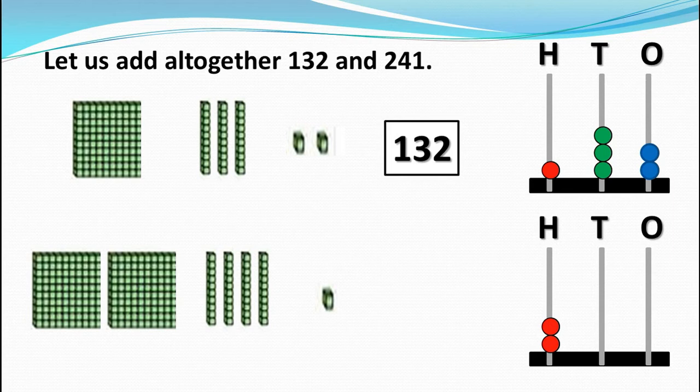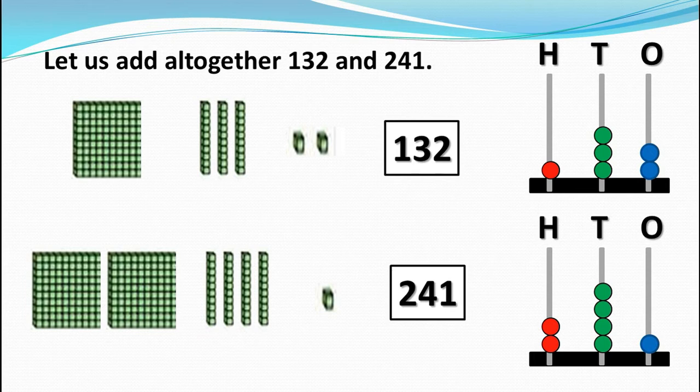Then 4 tens blocks, so on the tens rod we will put 4 beads, and we have 1 block of ones, so on the ones rod we will put 1 bead. Now let's add. Start with ones.